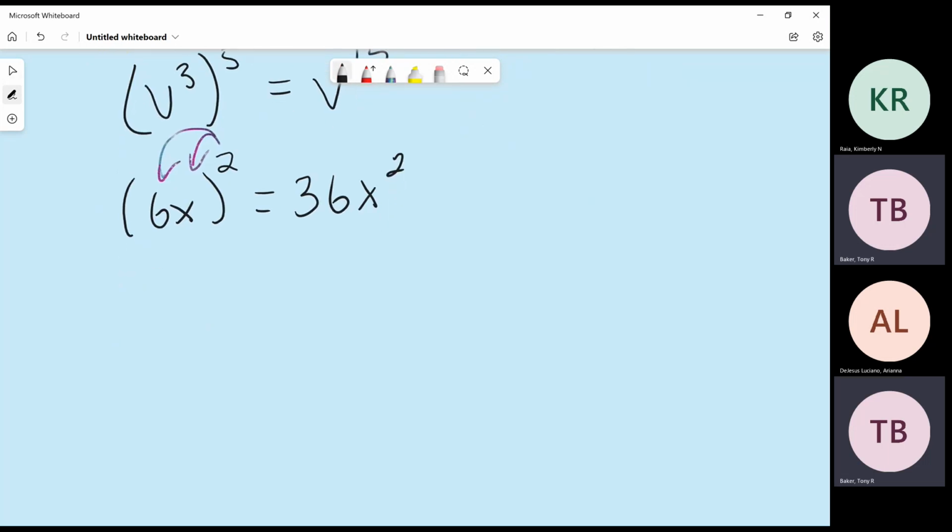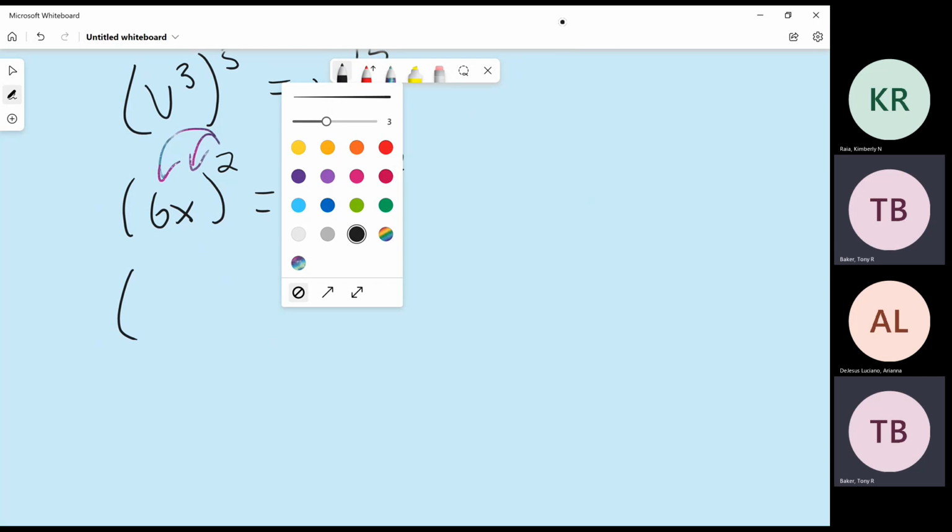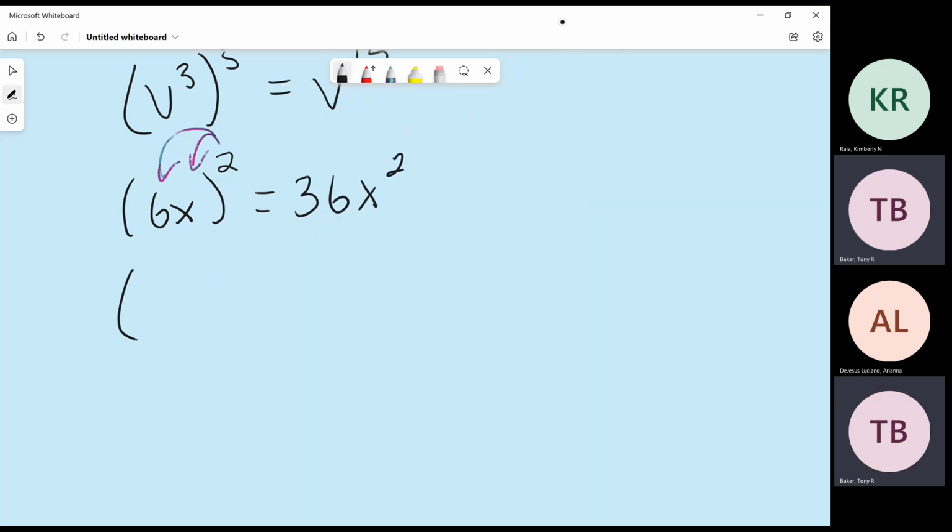So now if we do 3x squared y to the 4th, if you want, you can just distribute and put 3 to the 4th there.